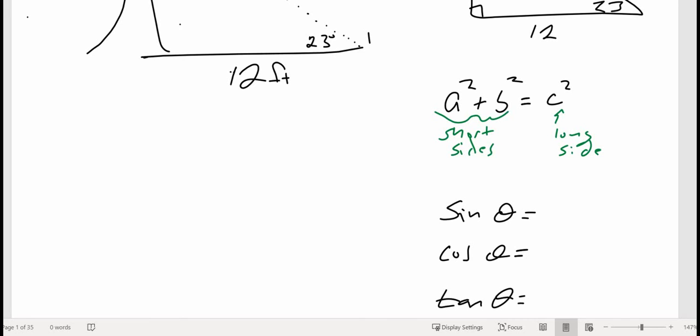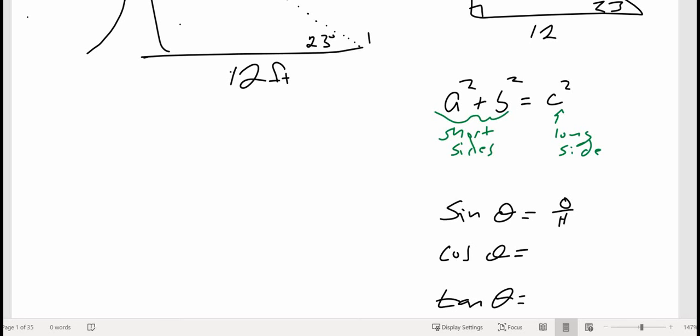Okay, so sine, cosine, and tangent are all just a fraction, the ratio of 2 sides of the triangle, and they're just picking different sides. So the sine is the opposite side divided by the hypotenuse, the ratio of those 2 sides of the triangle.